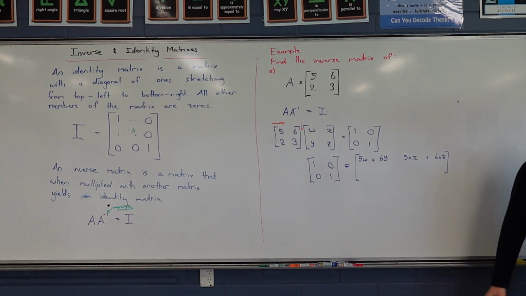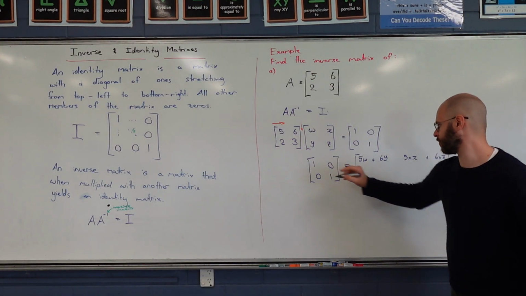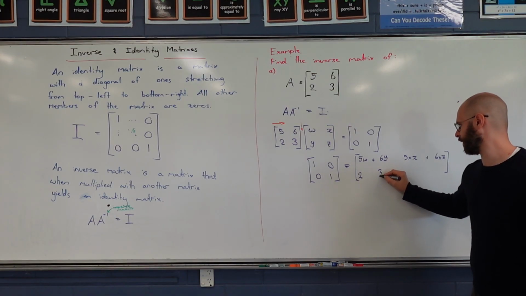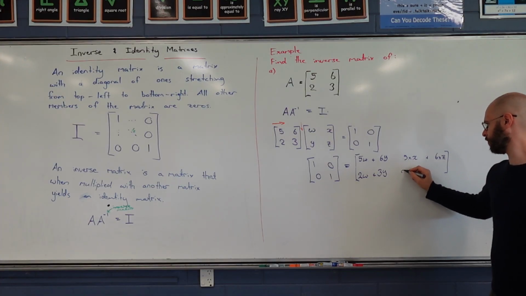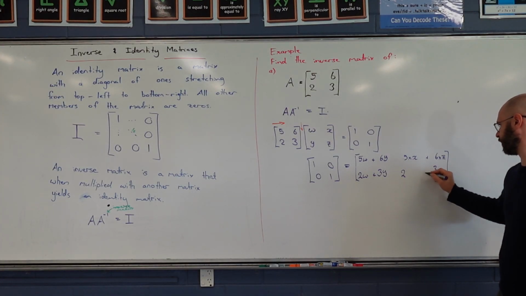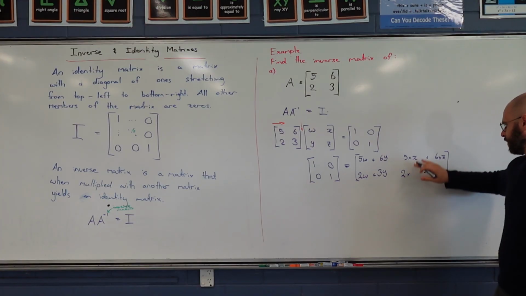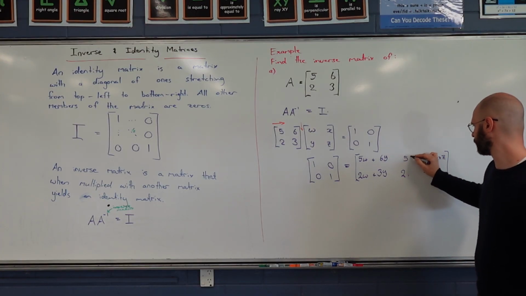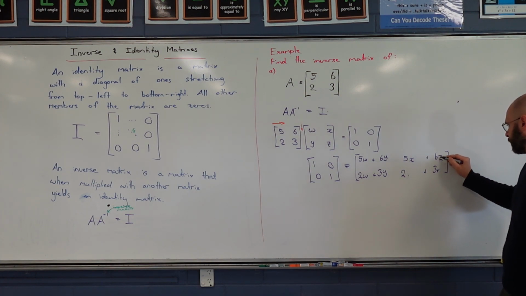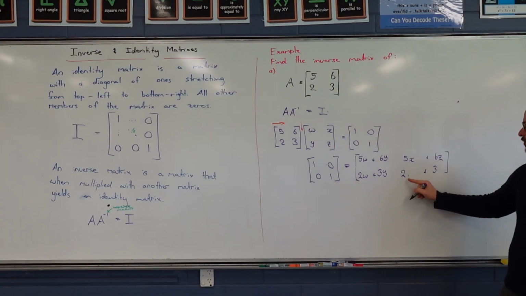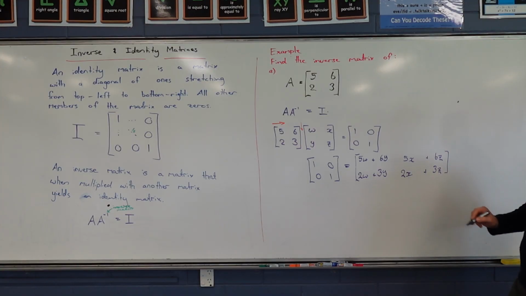Next row, it's going to be 2 and 3, so 2 times W plus 3 times Y, and then 2 times X plus 3 times Z. Is that cool?